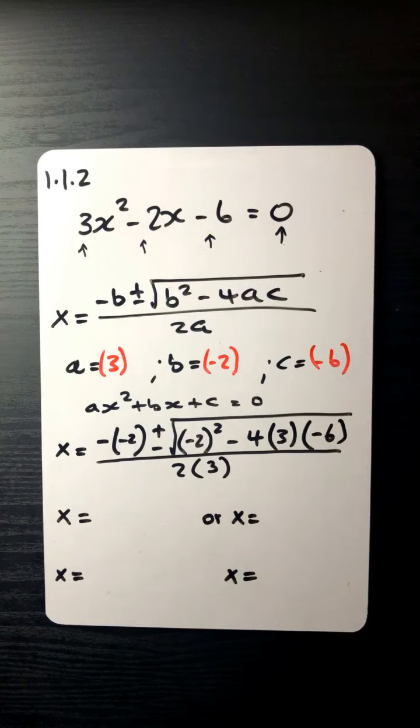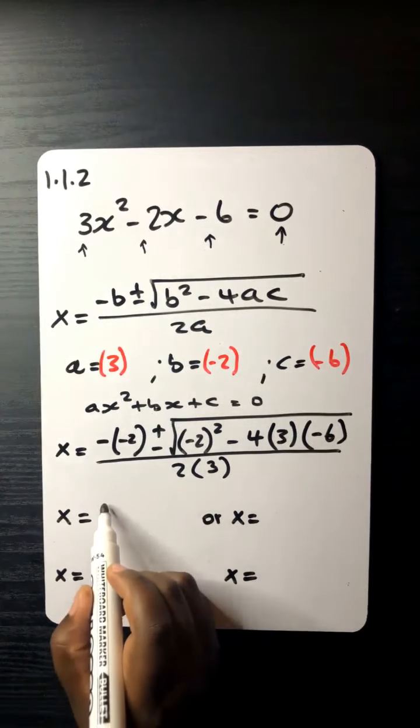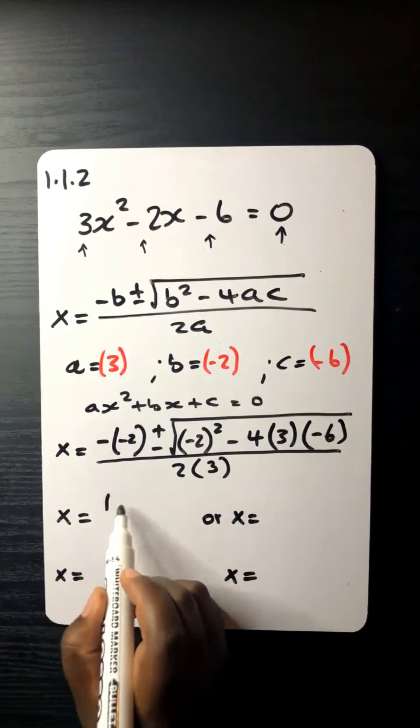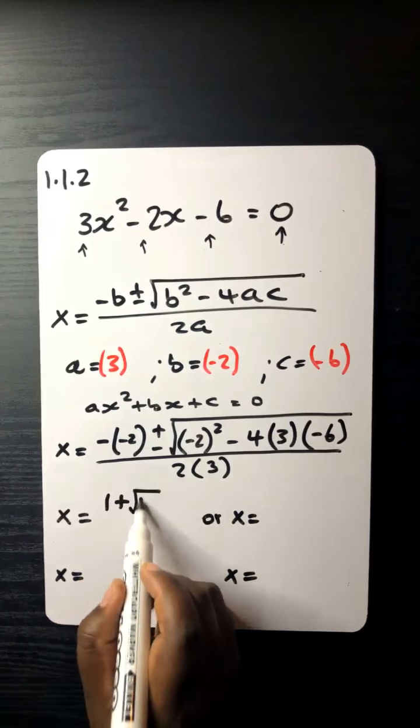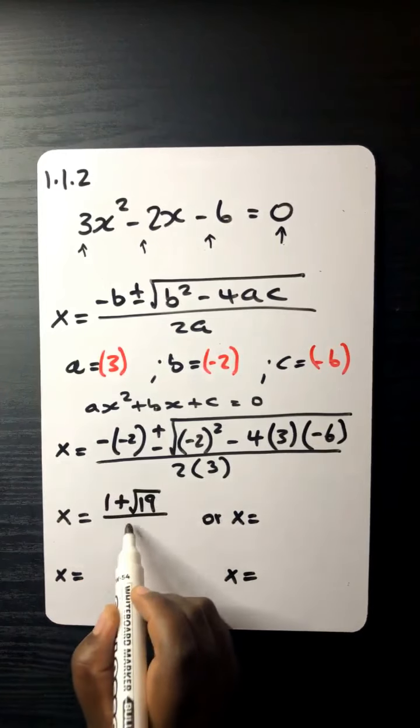1,78. In the form of a fraction, what are you getting? 1 plus square root of 19 over 3. Same time. So Lerato, don't cancel it. So you're saying it's 1 plus square root of 19 over 3.